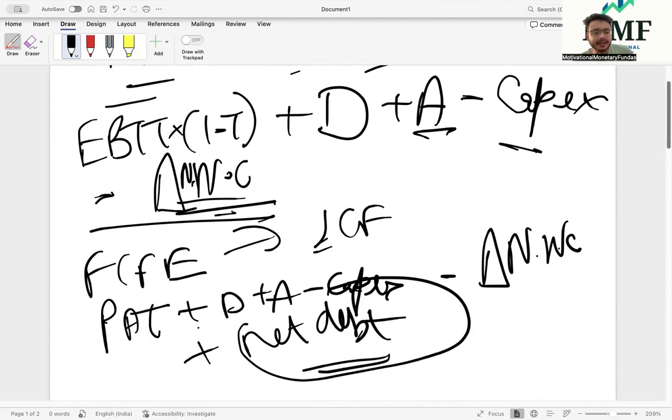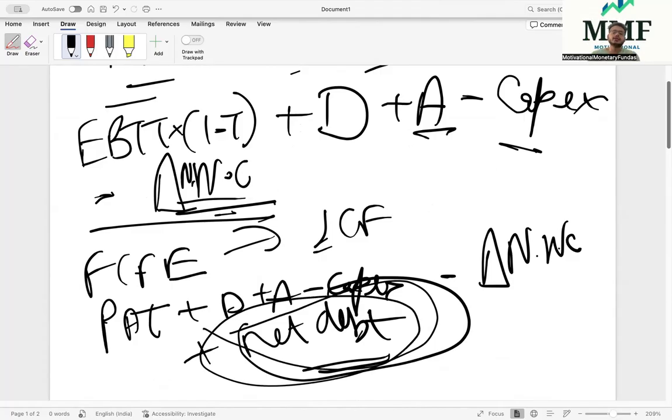Net debt, ideally, when we are talking about FCFE, what we are trying to show to the person who is using FCFE is that the impact of net debt has been taken into account, in terms of how much debt we have and how much debt has been paid. So again, we're adding back that net debt because we want to exclude the impact of debt.